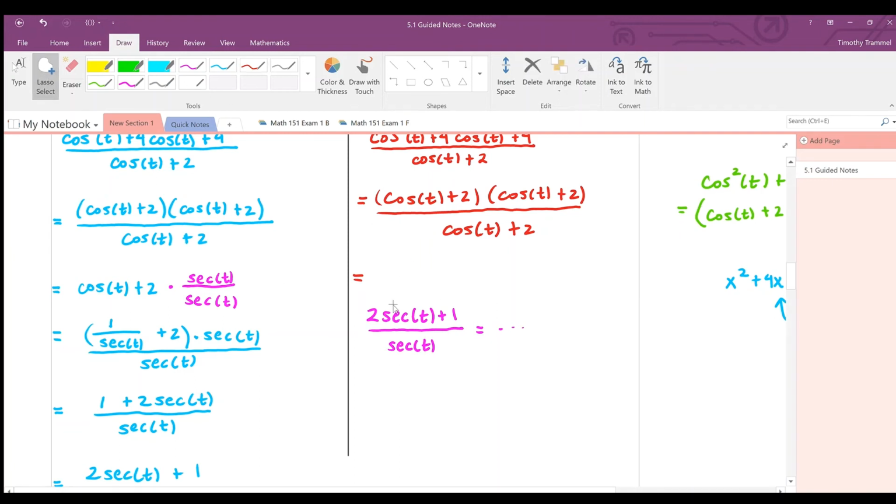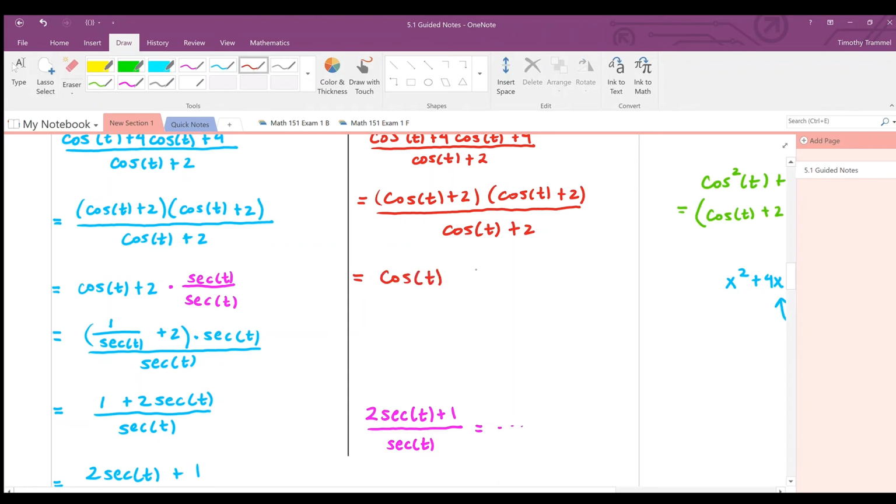But before I do that, I'm going to move this thing down a little bit further. There we go. And as I mentioned, there's more than one natural place to get stuck, but one of the pretty common ones would be right here, getting to this cosine of t plus 2 and having no idea how to get here.